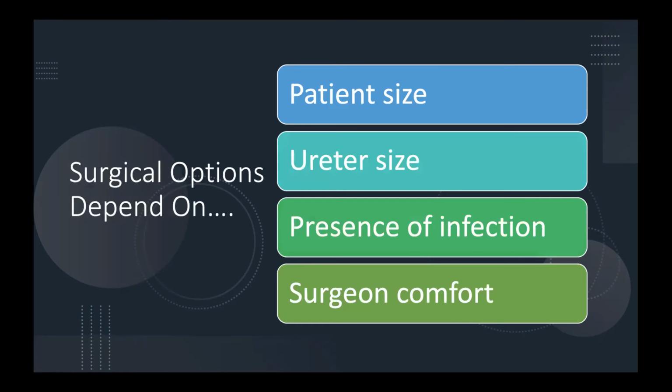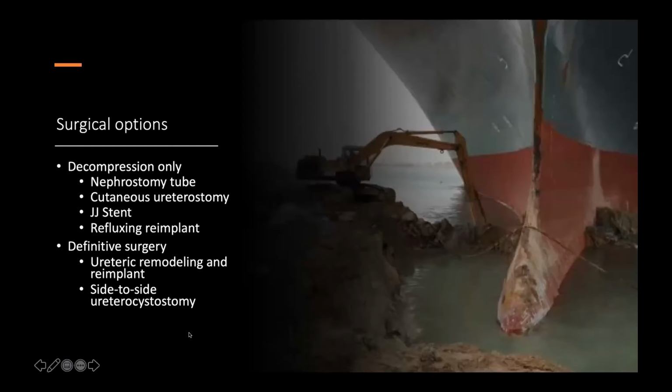And then you really, once again, have many surgical options, and these depend on the size of your patient. Are you dealing with a newborn? Are you dealing with an older child? The size of your ureter, whether or not there is currently infection, and really also what you're comfortable with.